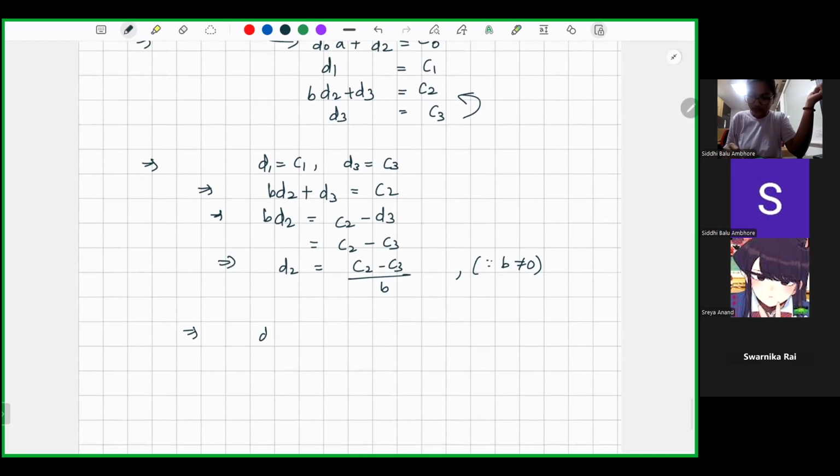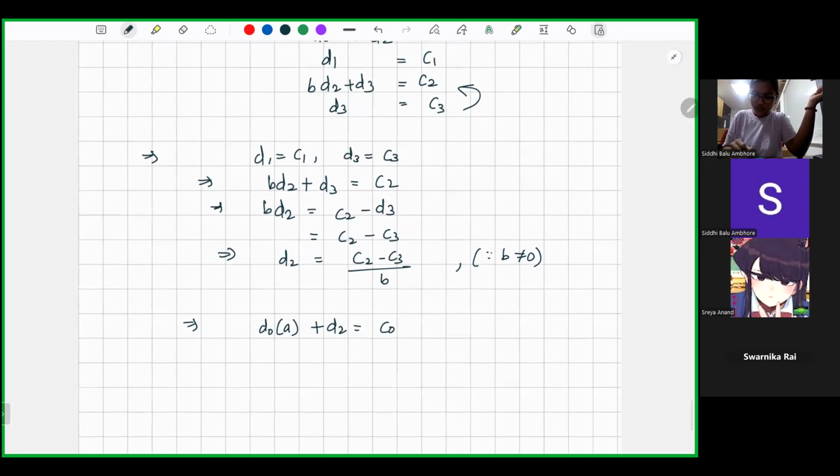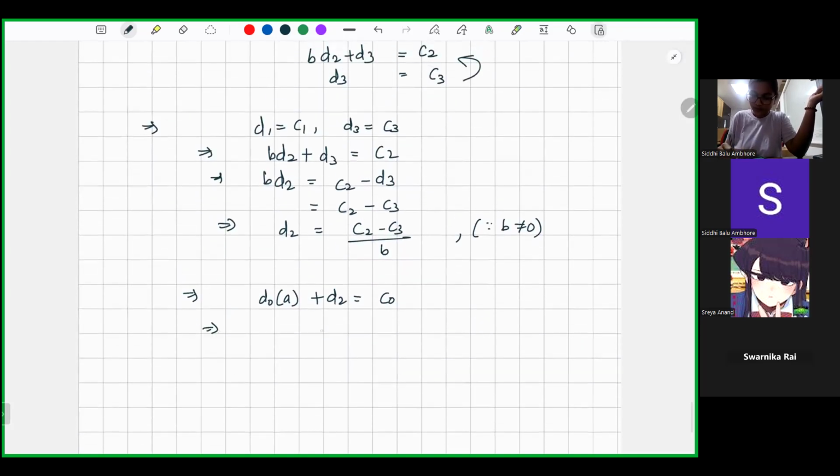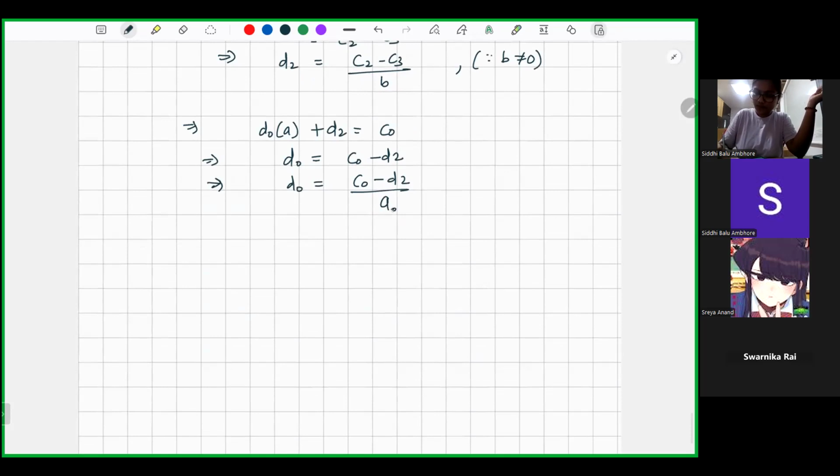And then this will imply d naught a. So I have now d1, d3, d2, and d naught a plus d2 is c naught. Then I get d naught is equal to c naught minus d2, divided by a.